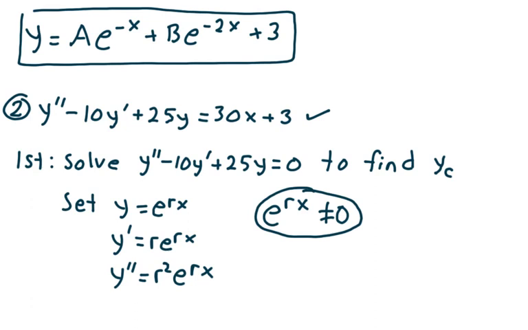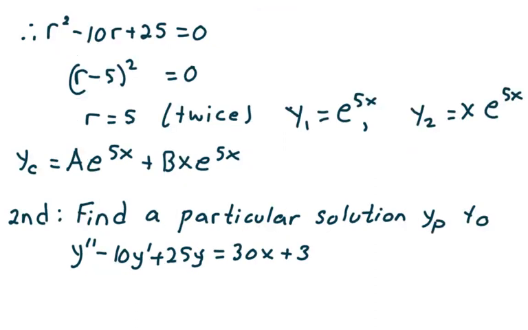So when I make my substitution and divide through by e to the rx, I get r squared minus 10r plus 25 is equal to 0. So that means r minus 5 squared is equal to 0. Solving for r, remember we want two solutions. I would write r equals 5 twice.